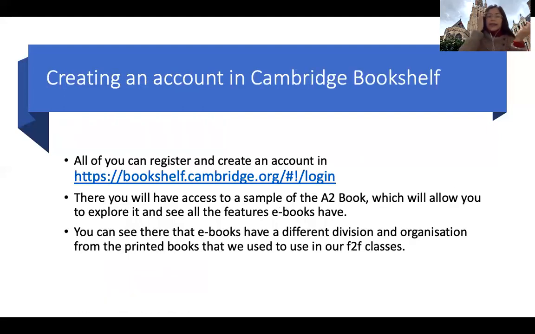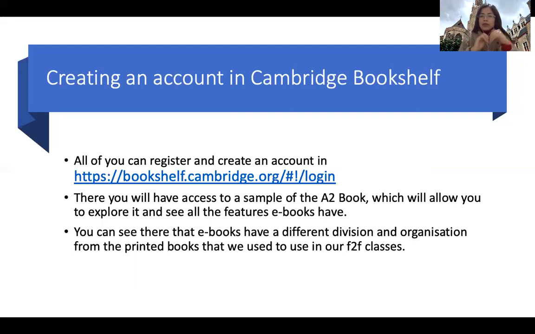Now, another good idea, guys, is that you create an account in the Cambridge Bookshelf. I think this is the best way because if you create your account there, which is completely free, you just have to go to, well, if you cannot copy this link, you just search in Google Cambridge Bookshelf and it will direct you to the page.